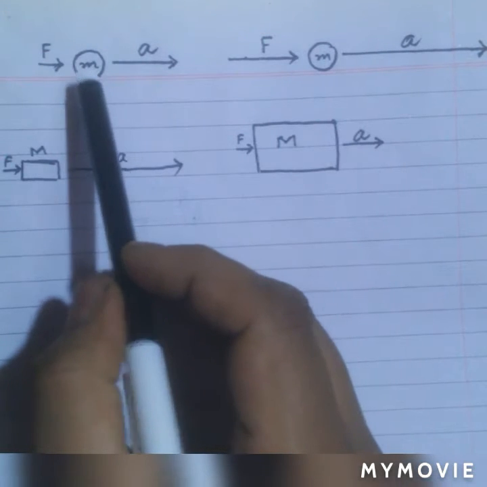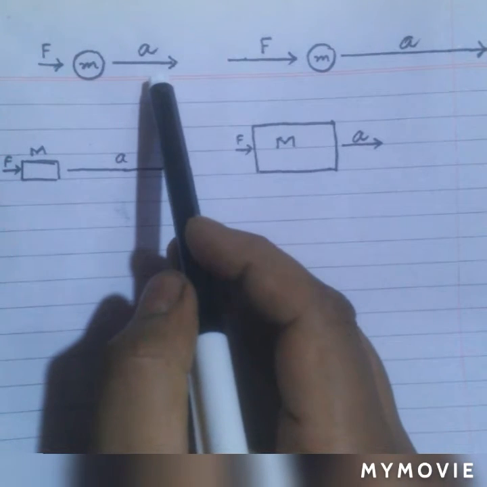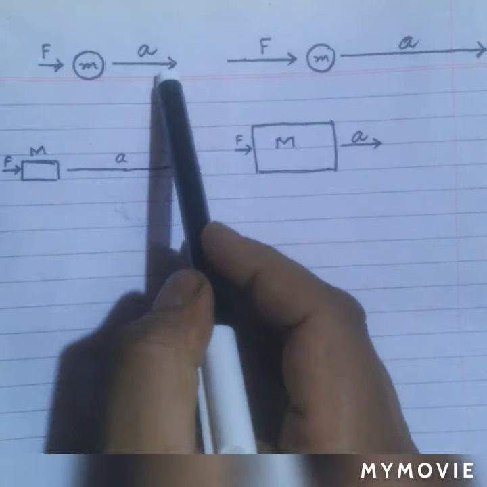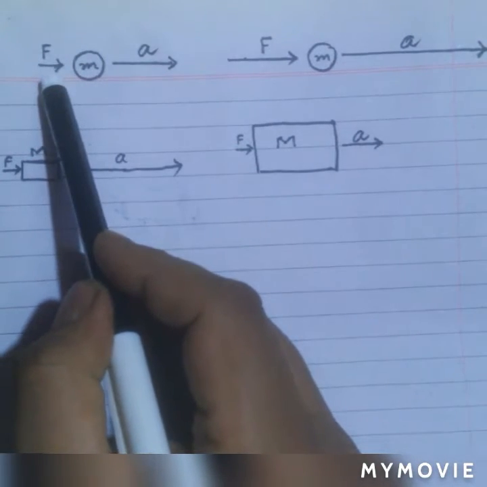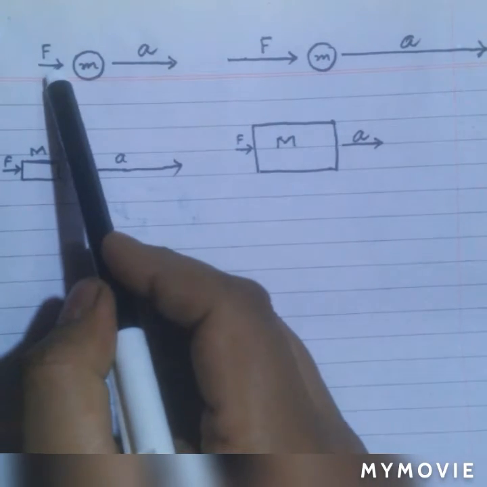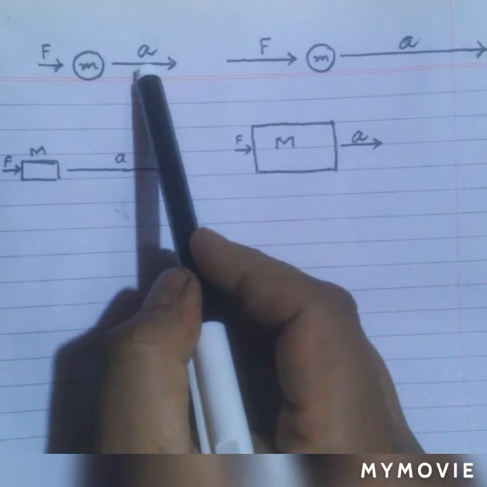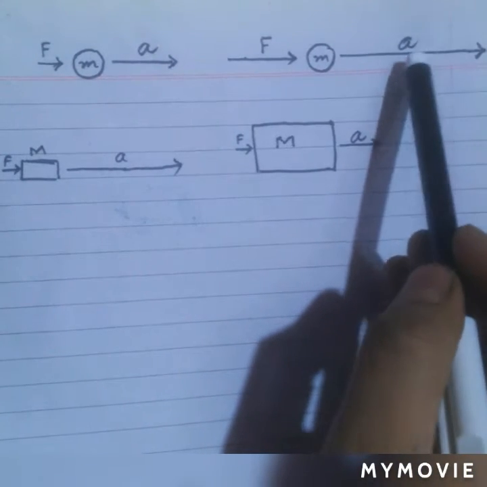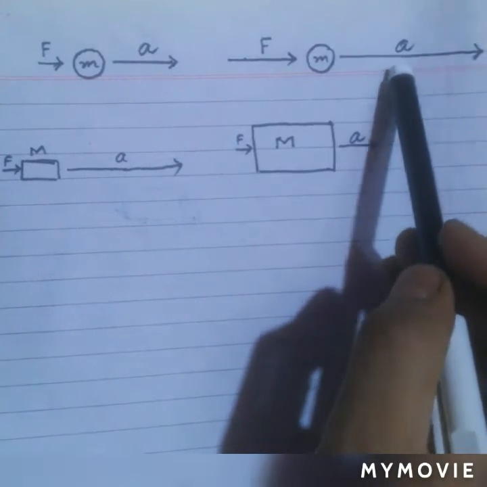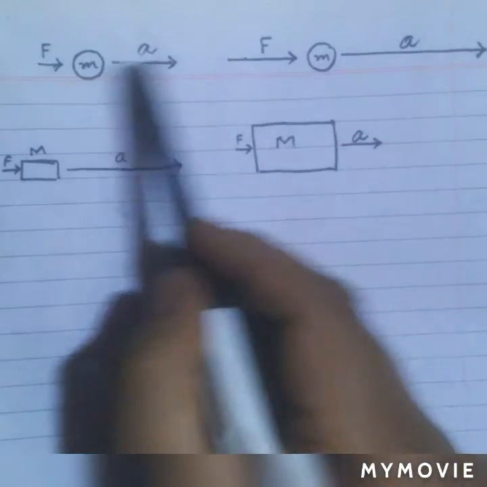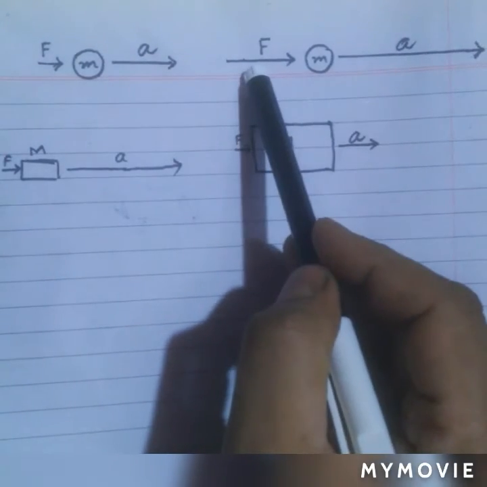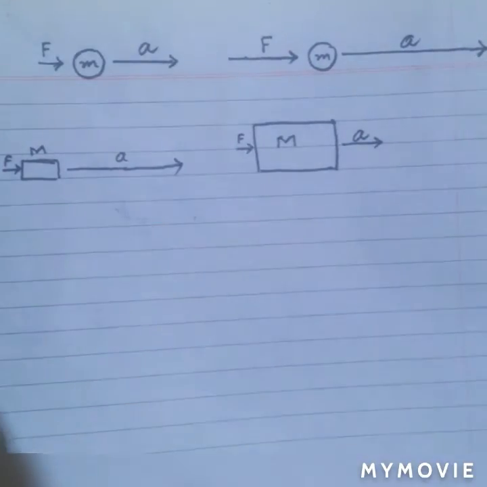if acceleration is produced in an object, this acceleration depends directly on the amount of force applied on it. If there is a smaller force, acceleration will be smaller. If there is a larger force, then acceleration will be larger. So acceleration produced in an object, keeping the mass constant, depends on the magnitude of force applied on it.